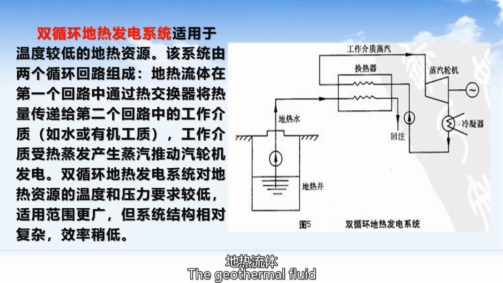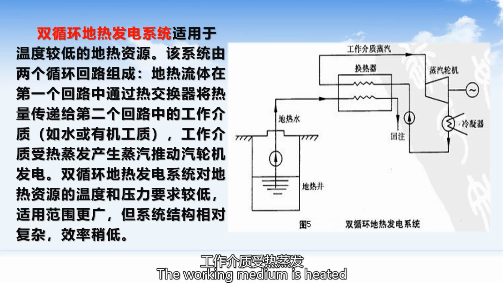The geothermal fluid in the first circuit transfers the heat to the working media in the second circuit through a heat exchanger. The working media is heated and evaporates to produce steam, which drives the turbine to generate electricity.